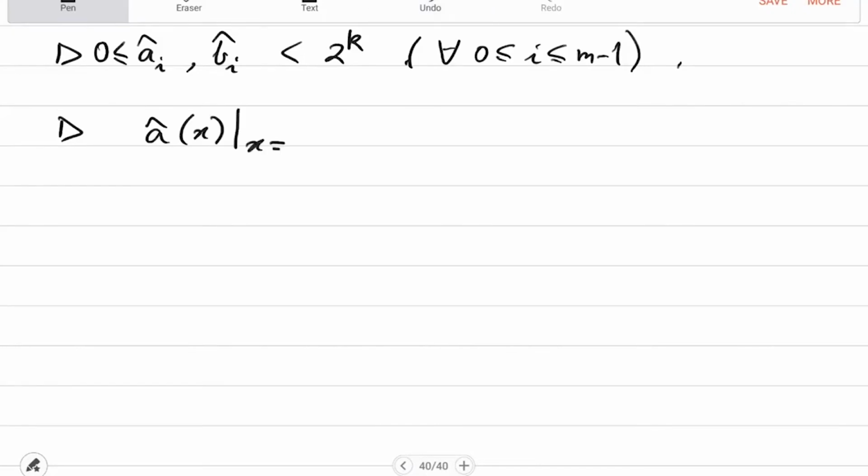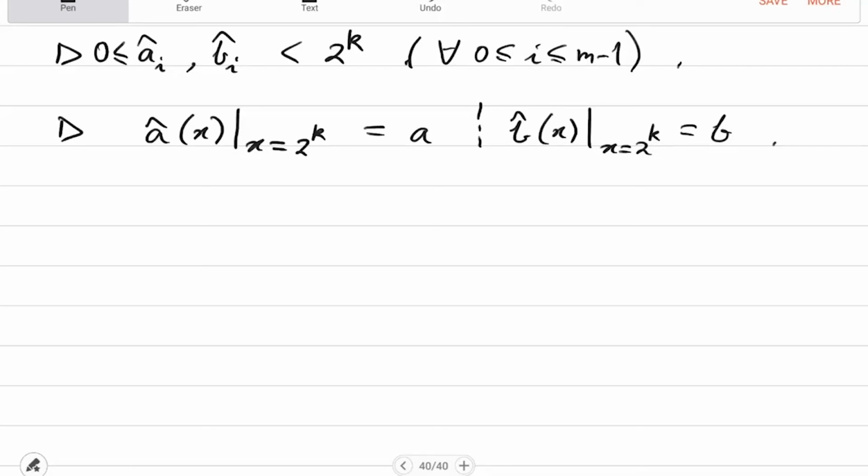If you substitute x equal to 2 raised to k, then you get back a. Which tells you that there is no information loss whatsoever. In fact, these polynomials in a way know more. They give you more structure, not less. So once you have a hat, a single value of it is a, and same with b hat.